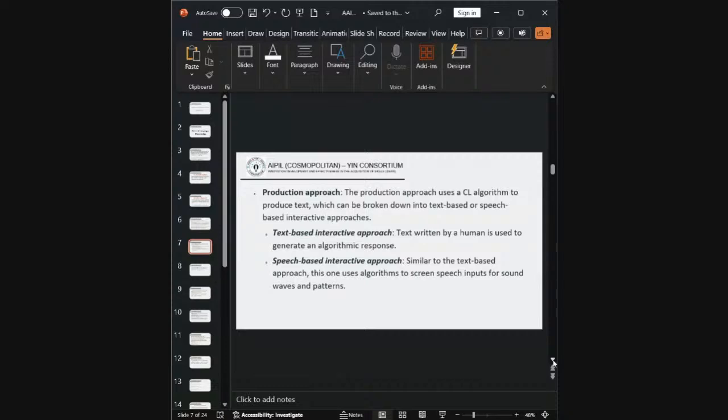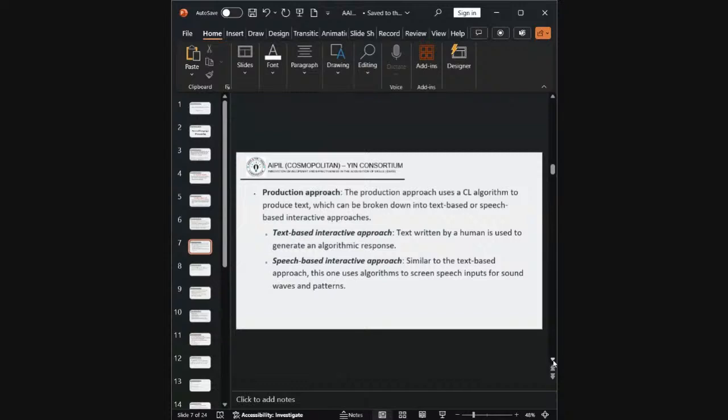When you're speaking language, the computer will pick this speech and then turn it to text. That's what you understand by speech to text. And then text-based is the written one that you can interact with the bots or your virtual agents.